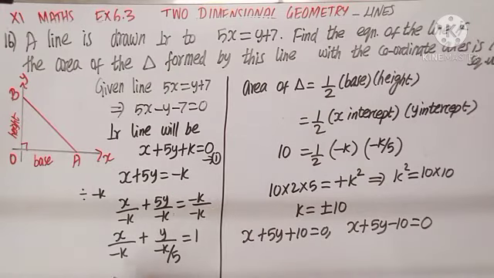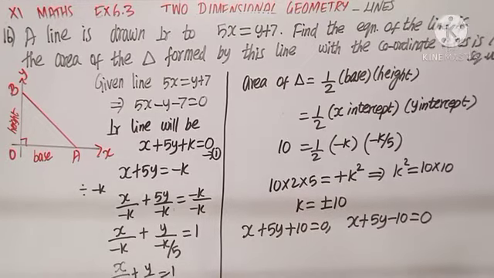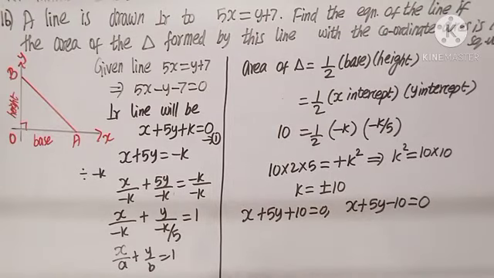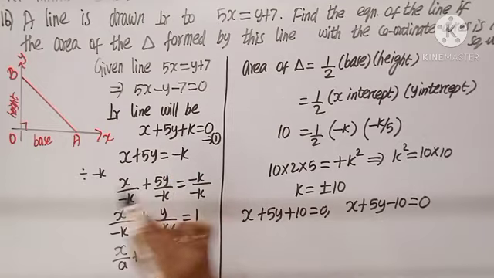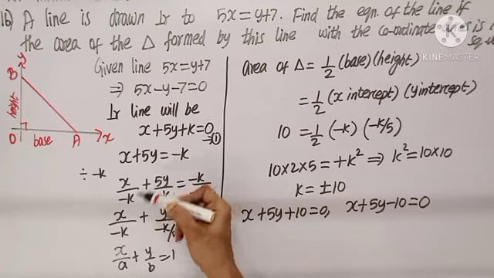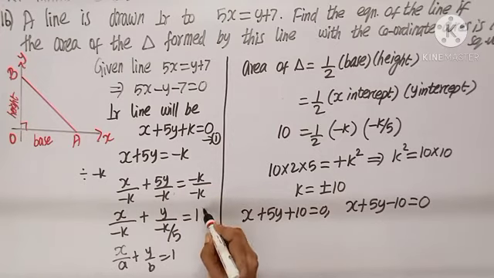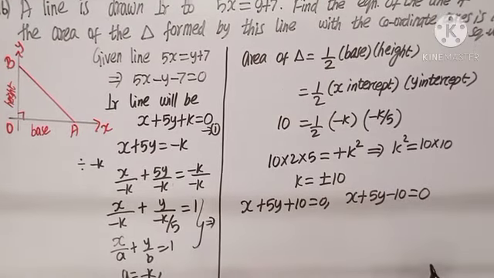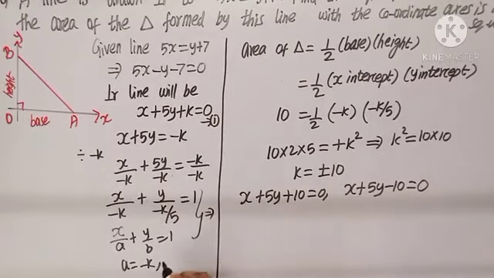Rewriting this in intercept form, that is x by a plus y by b equal to 1. To write in this pattern, the right hand side must be 1. To get it, bring k to the right, divide by minus k. Any number with x or y, bring it down. Now comparing, I get a is minus k and b is minus k by 5.